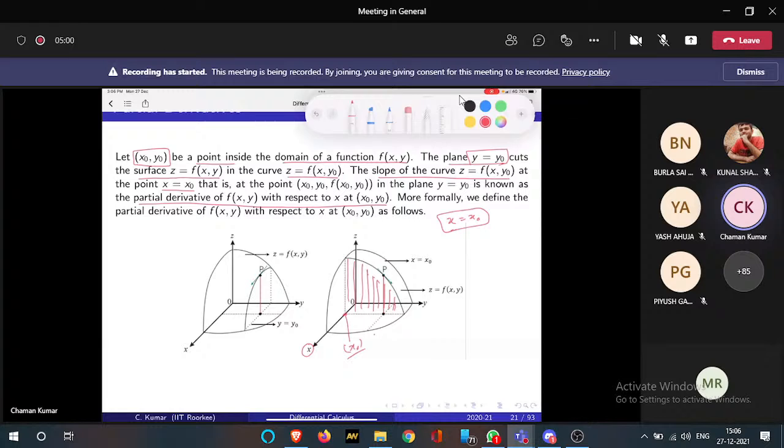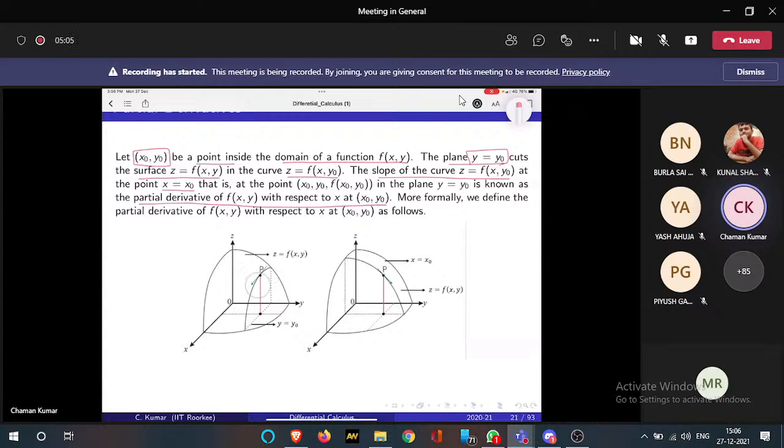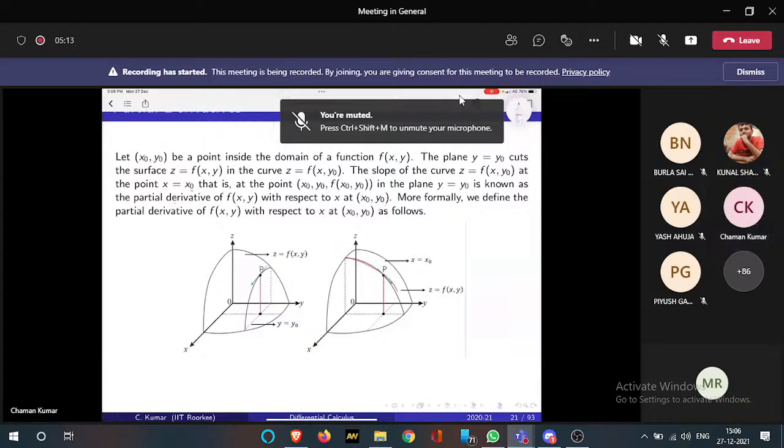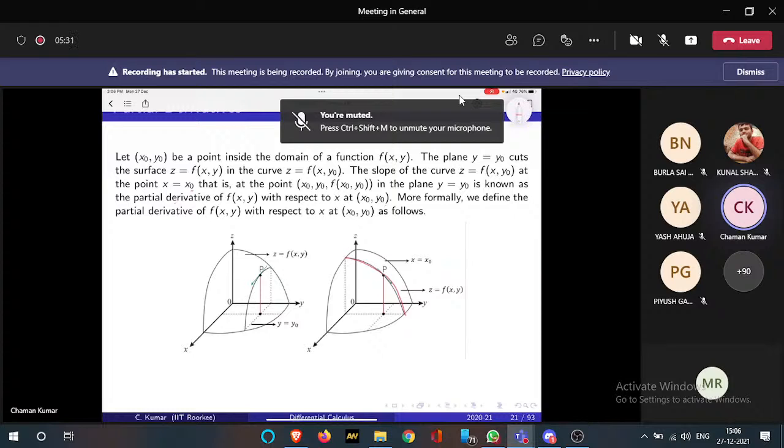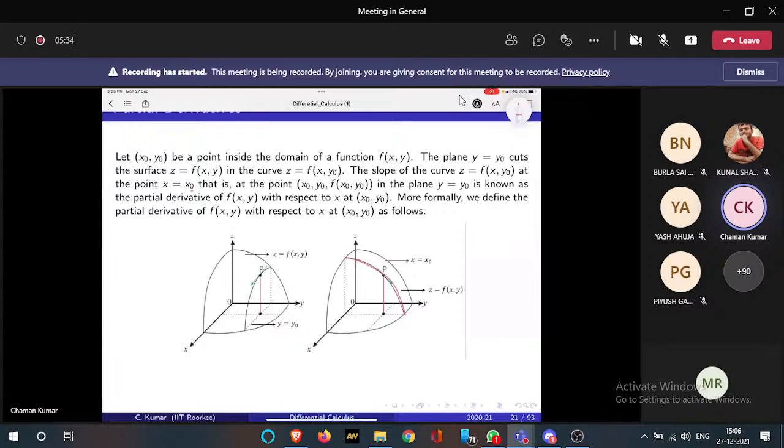And this plane will cut the surface in a curve, and this will be the curve. Okay, so this curve is a function of just one variable, the variable y. And then you calculate the derivative with respect to this variable y using the notion of derivative for a function of one variable. Okay, so this is known as partial derivative with respect to y.